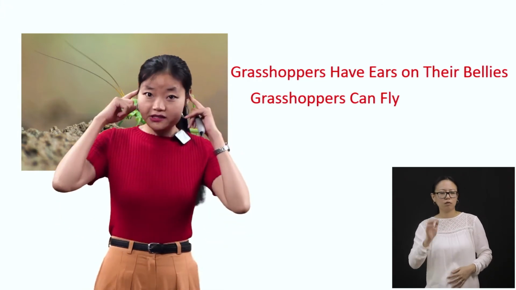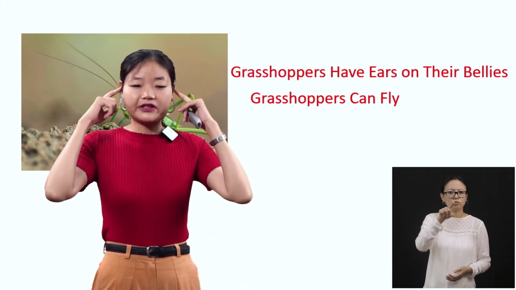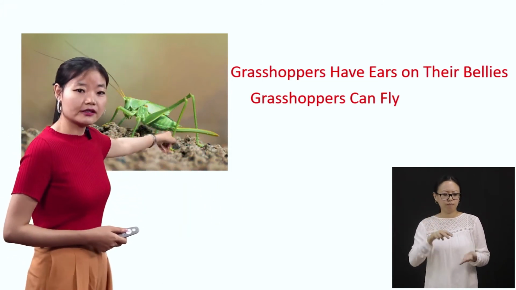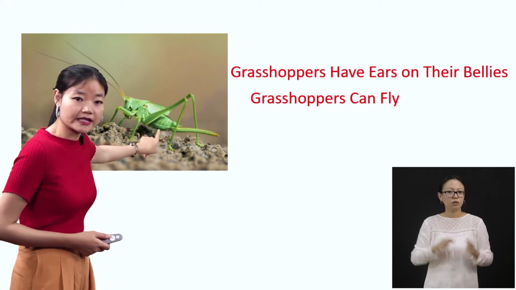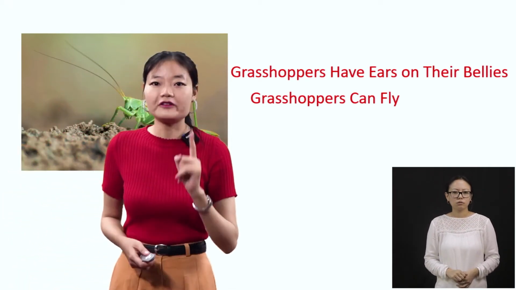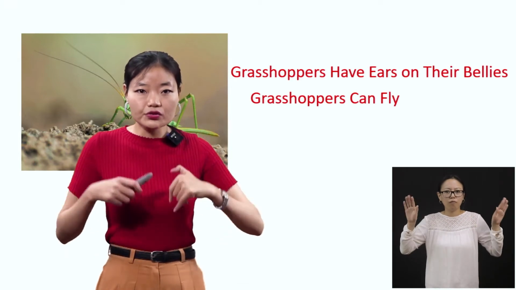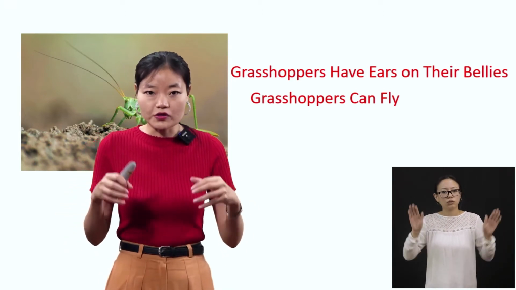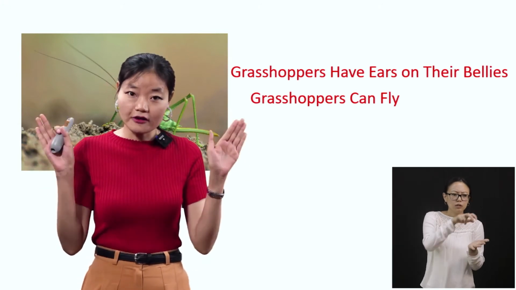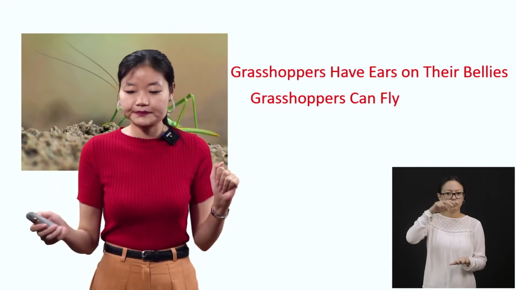We have ears here, but grasshoppers have ears here, which is so interesting, right? Look at the picture here. And grasshoppers can also fly, remember. We're so used to thinking that grasshoppers only jump, but the fact is grasshoppers can also fly, all right?